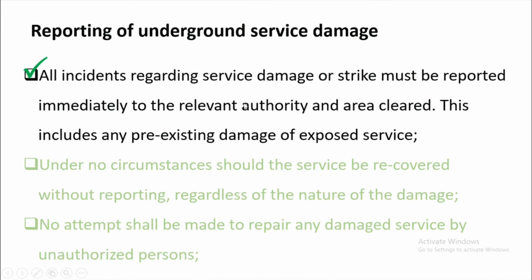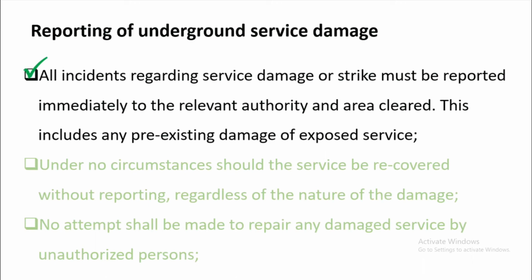So if, for example, you are digging and you damage or strike the underground services, you need to inform the utility owner immediately so that they can take action. They can repair your damaged services immediately so that it will not interrupt the service in the nearby community.